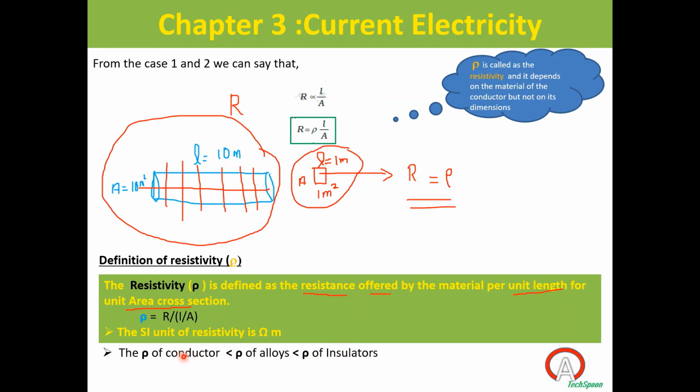A conductor will pass electrons, so it has a less amount of resistance and so less resistivity. Alloys are in between conductor and insulator. Okay.